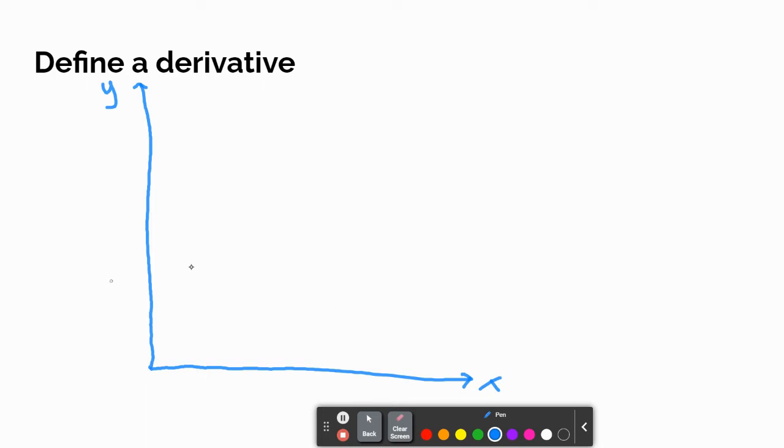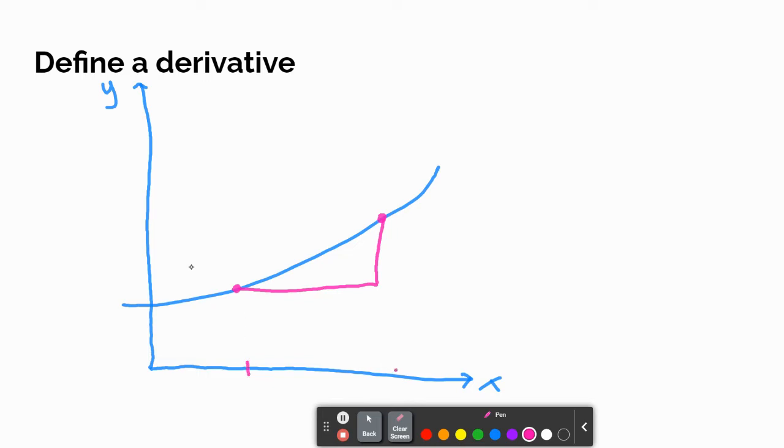So I'm going to just draw a curve on my graph. And if I use the same idea as a linear slope, rise over run, then I would have my little right triangle here, just like that.